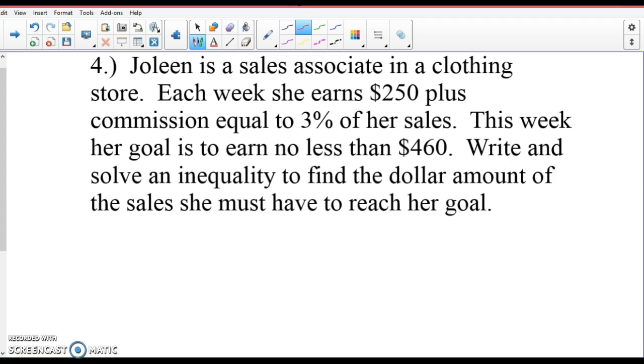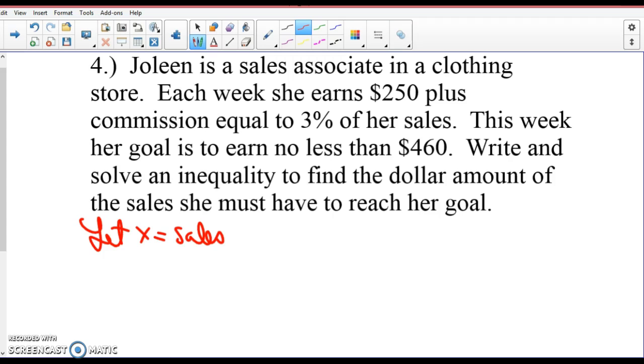Write and solve an inequality to find the dollar amount of the sales she must have to reach her goal. So let's say, let X equal her sales. This is also an awesome review of percents, which we just got done doing.